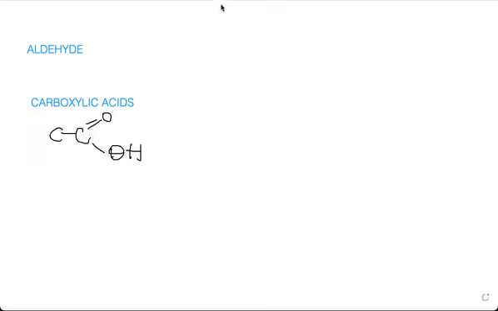Let me show you how many hydrogens you should fill here so that you know how to make a structure. 1, 2, 3 hydrogen. Because you can see the second carbon is already making 1, 2, 3, 4 bonds. Yes, 1 with the carbon, 2 with the oxygen, and 1 with another oxygen which is attached to the hydrogen. This is the structure of carboxylic acid. I'll tell you the name later.